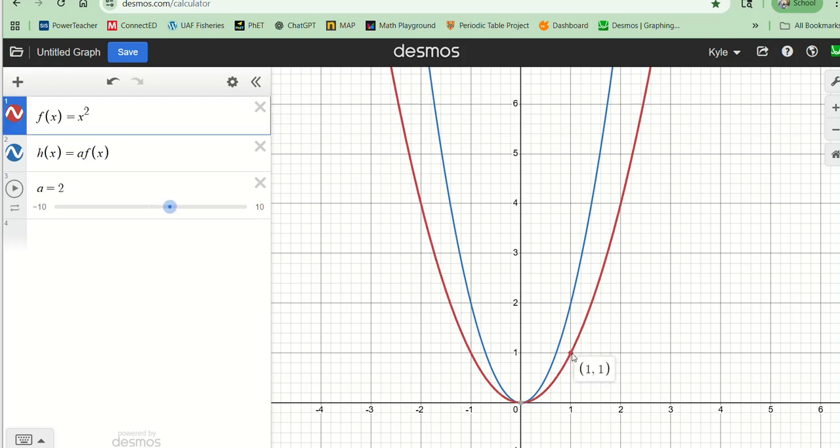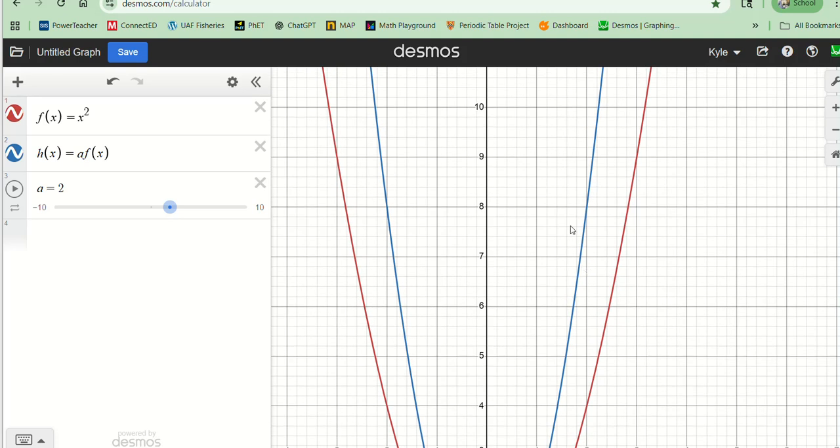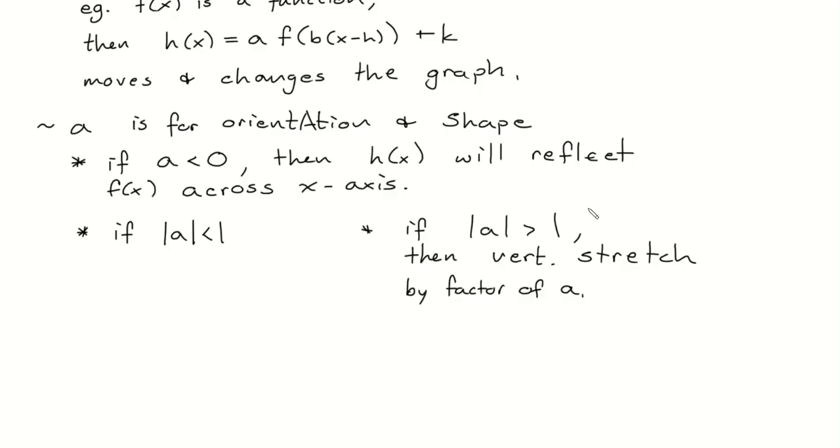What if I made it twice as tall? It'd be at 1, 2. At 2, 4, what if I made it twice as tall? It'd be at 2, 8. Look, it is exactly there. We're stretched vertically by a factor of whatever a value we pick. On the flip side, what if a is less than 1?